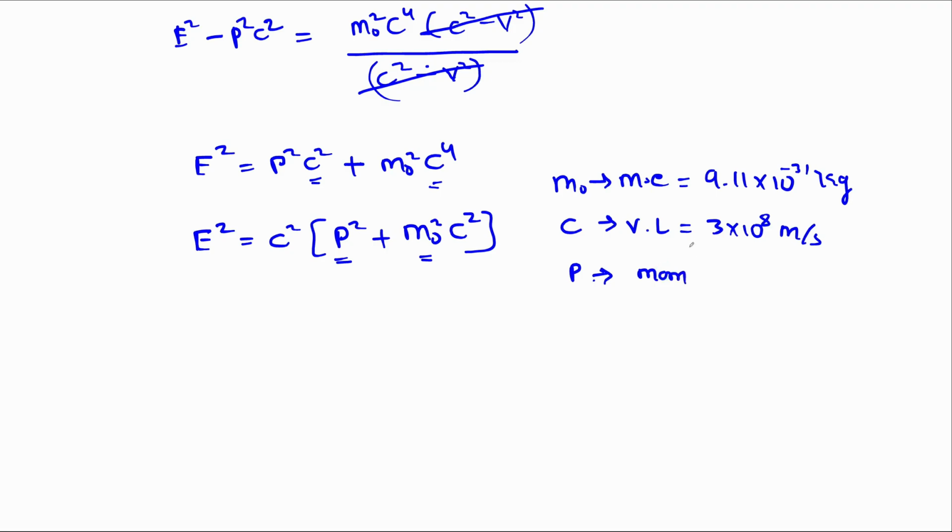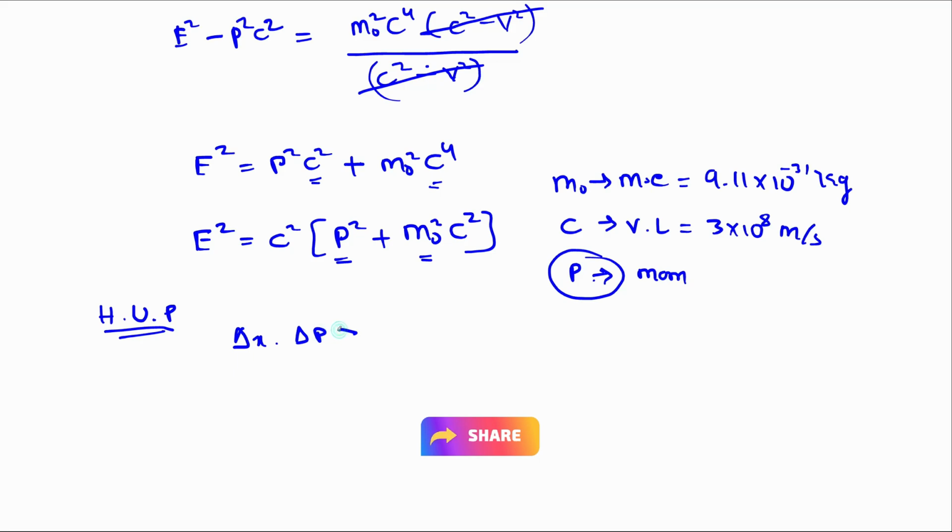P is the momentum. So we need to find out what it is. For that, let us consider the Heisenberg Uncertainty Principle, HUP, which says delta x into delta p is greater than or equal to h by 4 pi.